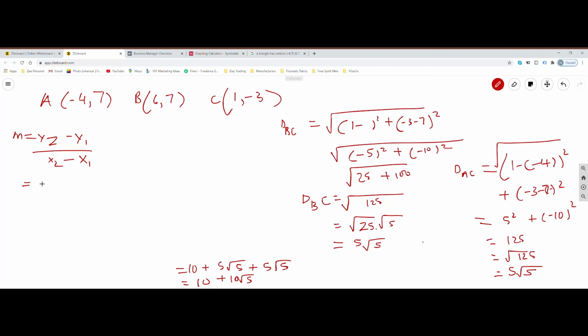So y2 is negative 3 minus 7 over 1 minus -4. So you get negative 10 over 5 equals negative 2. So the slope is negative 2.